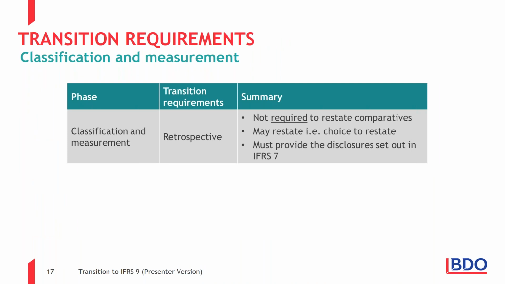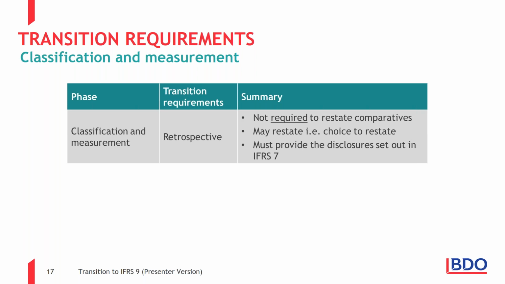So basically, what does that mean? It means that you're not required to restate your comparatives for the new classification and measurement of financial assets. So you're not required to. However, you've got a choice. You could decide to restate the comparatives.